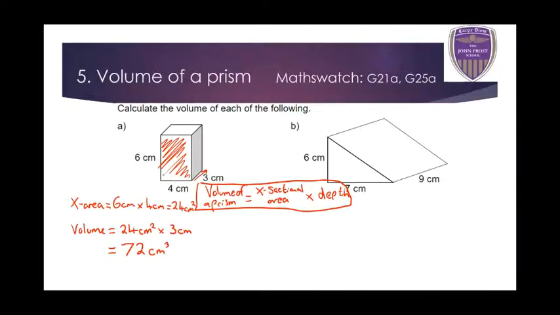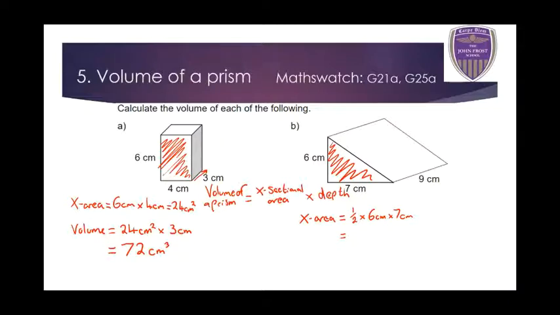Okay, let's jump into question B now. So let's get rid of this box, sorry, so we see all the distances. So first of all, we need to find the cross-sectional area. Okay, so let's find the cross area. And remember this, so what we've got is a triangle here. So the formula for this is going to be half times 6 centimeters times 7 centimeters.